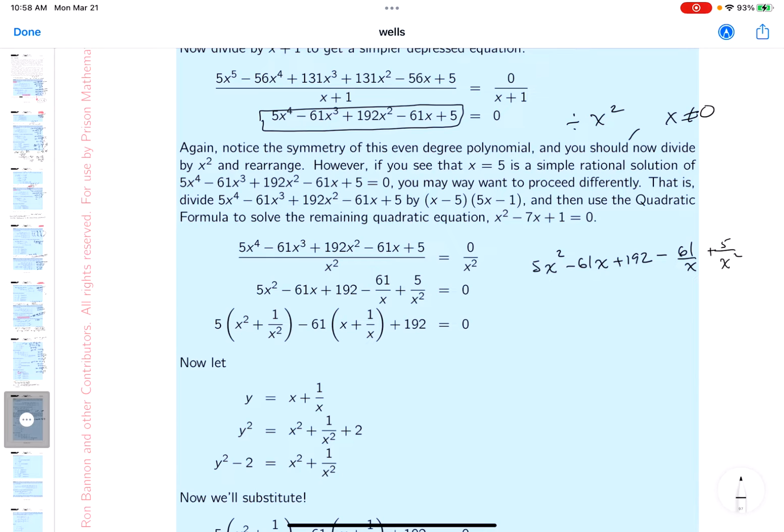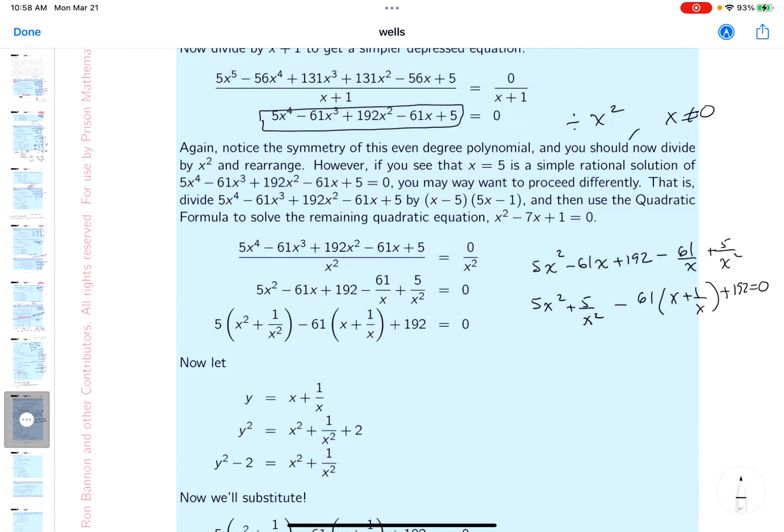And did I make a mistake somewhere? Let me take a look at it. Let me write this over here. 5x squared plus 5 over x squared minus 61x plus 1 over x plus 192 equals 0.